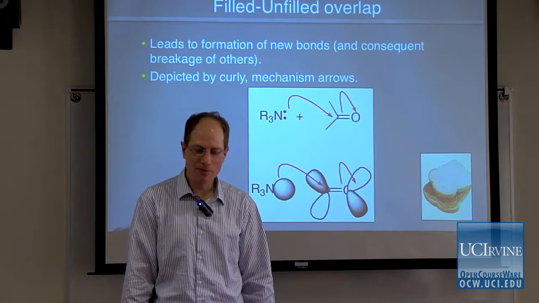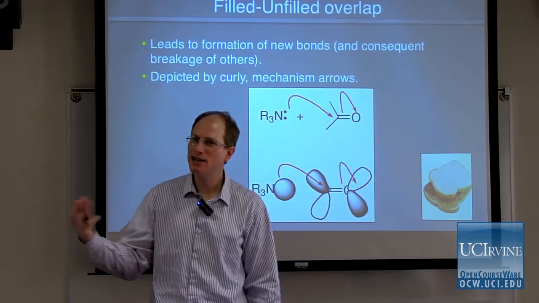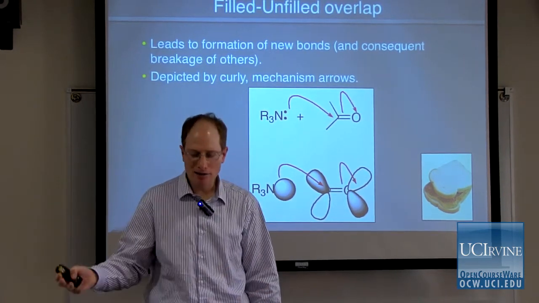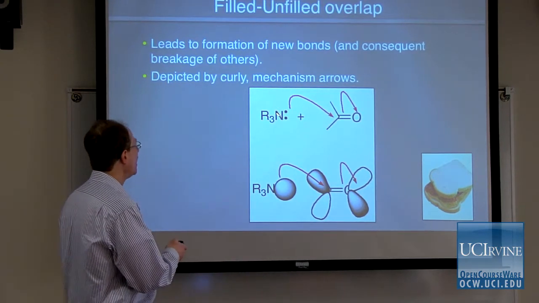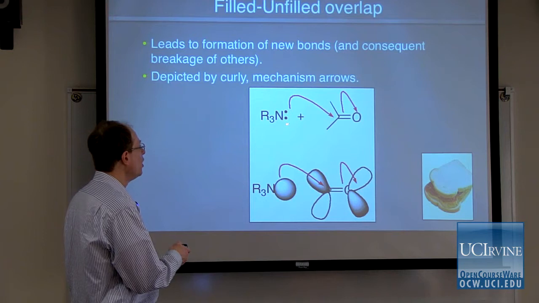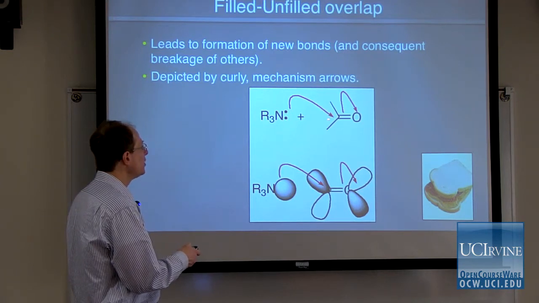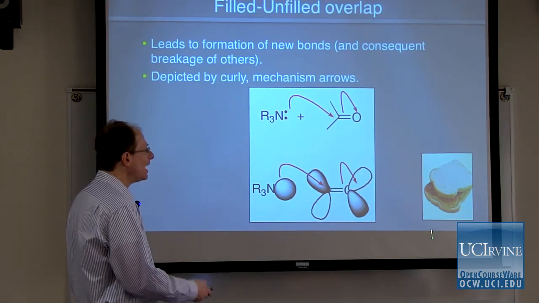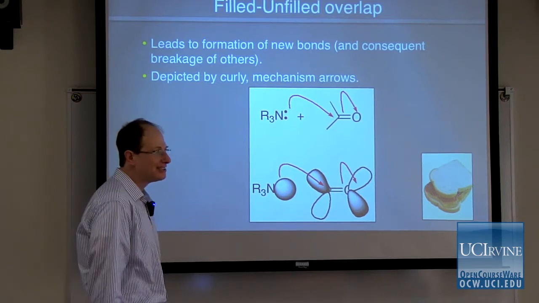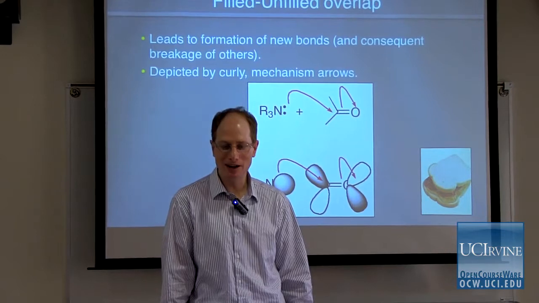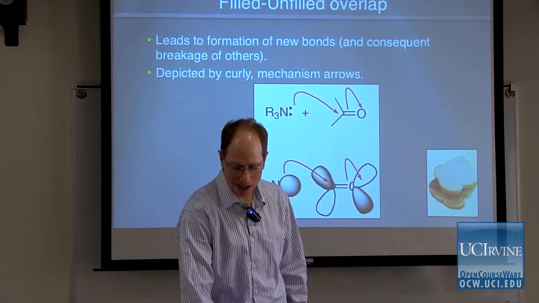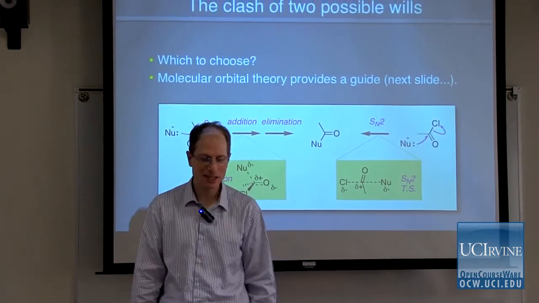Okay, so this overlap to me is kind of like the peanut butter and jelly of organic chemistry. We're always going to be talking about a HOMO, a highest occupied molecular orbital, overlapping with the lowest unoccupied molecular orbital. And in the same way that peanut butter and jelly taste so good together, orbital overlap works so well. It is so complementary in terms of reactivity.